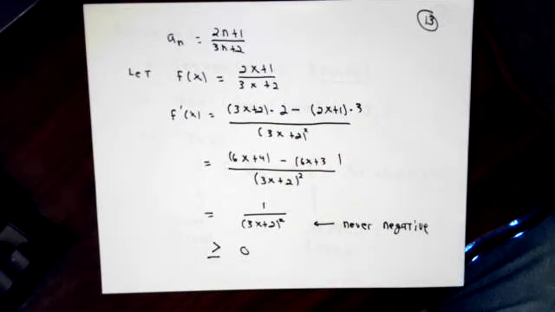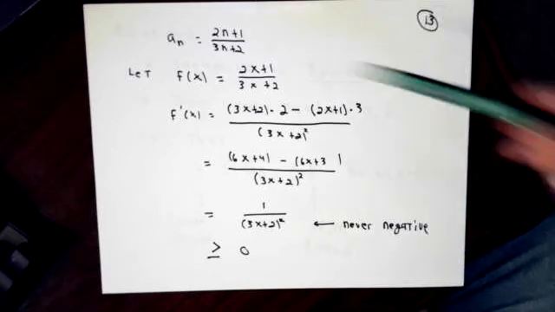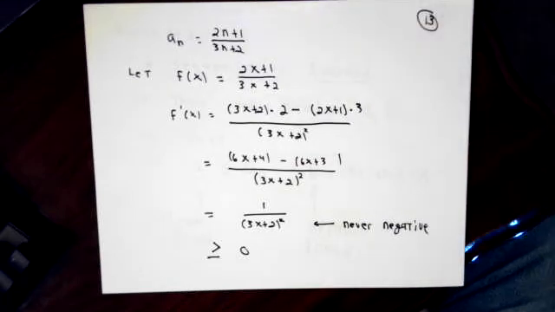In fact, it's always bigger than 0. That means the f function is always increasing, and since the a sub n's are particular cases of f values, the a sub n's have to increase as well. This is the same conclusion we got by doing algebra, but this time we used calculus instead.